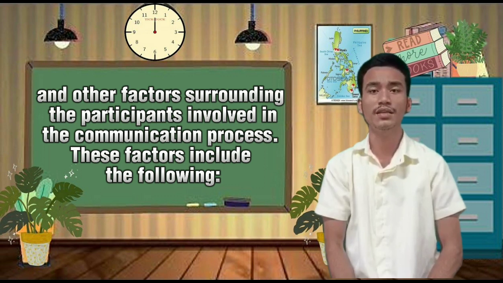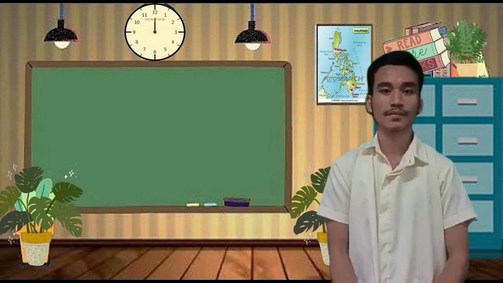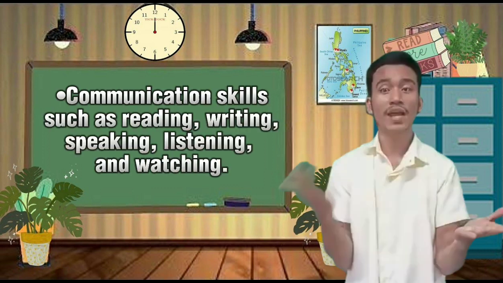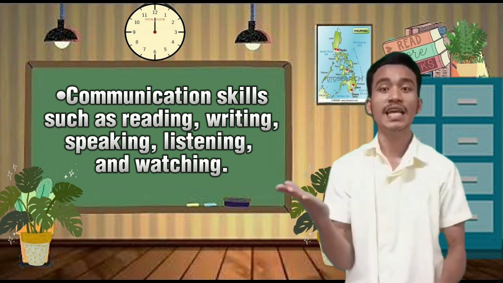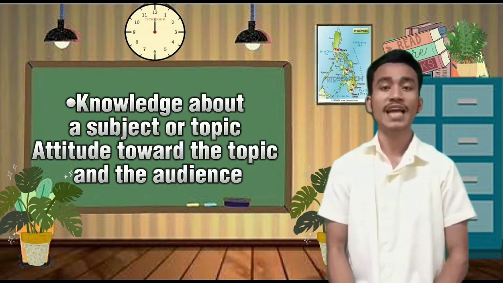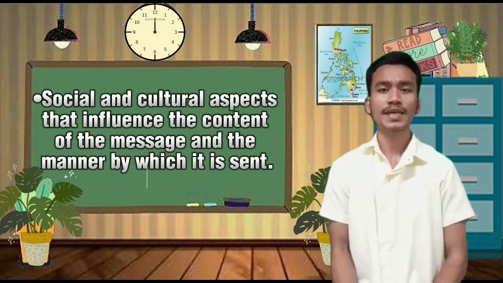These factors include the following: communication skills such as reading, writing, speaking, listening, and watching; knowledge about the subject or topic, attitude toward the topic and the audience; social and cultural aspects that influence the content of the message and the manner by which it is sent.